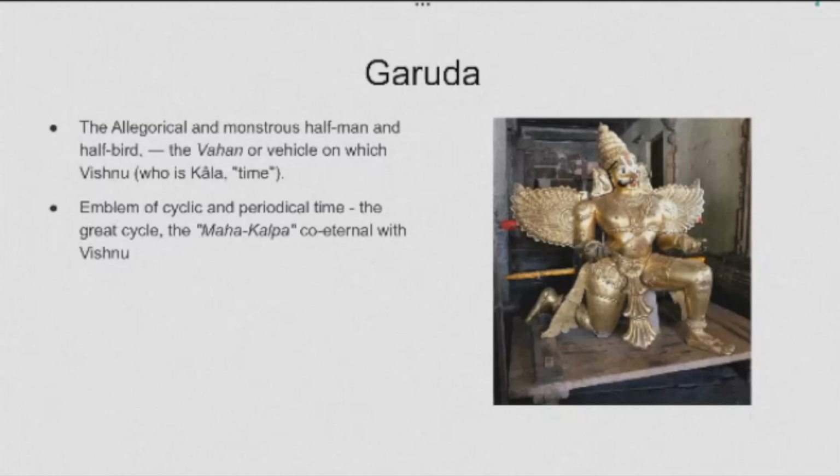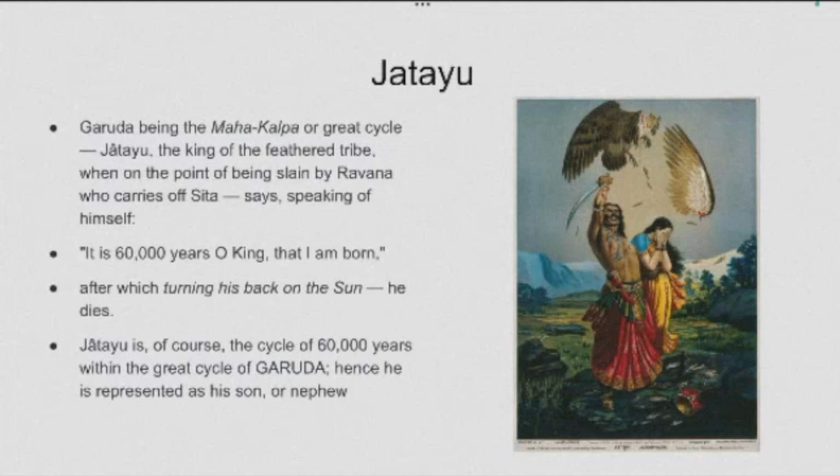Now further, there is yet another symbol who is called the son or nephew of Garuda, Jatayu, who appears in the Ramayana. Now Garuda being the Mahakalpa or great cycle, Jatayu, the king of the feathered tribe, when on the point of being slain by Ravana, who carries off Sita, says, speaking of himself, "It is 60,000 years, O king, that I am born," after which, turning his back on the sun, he dies.